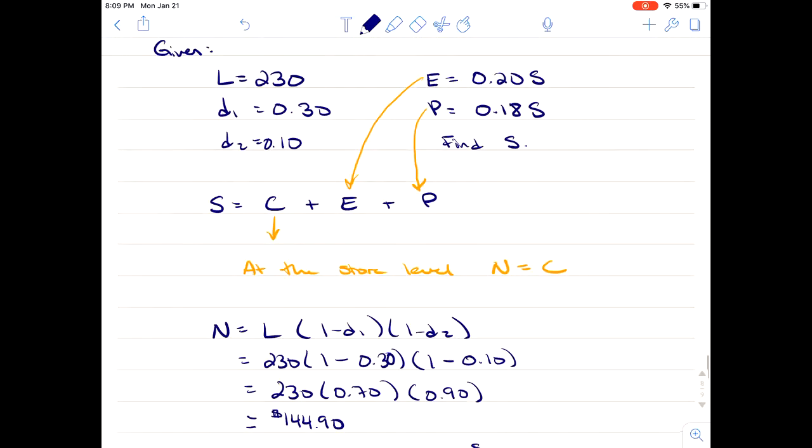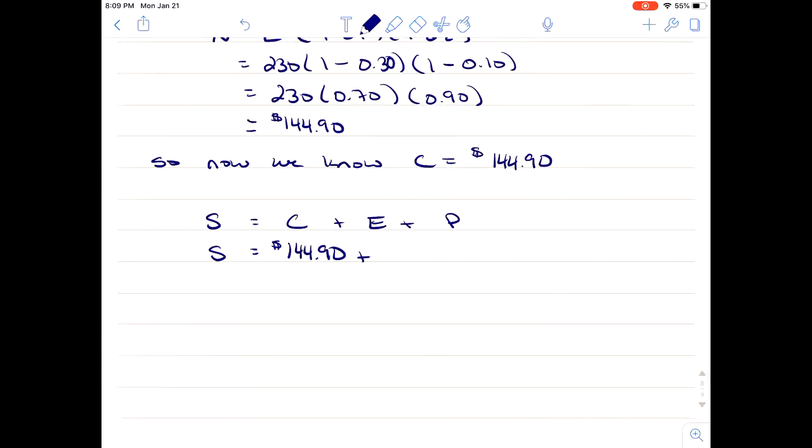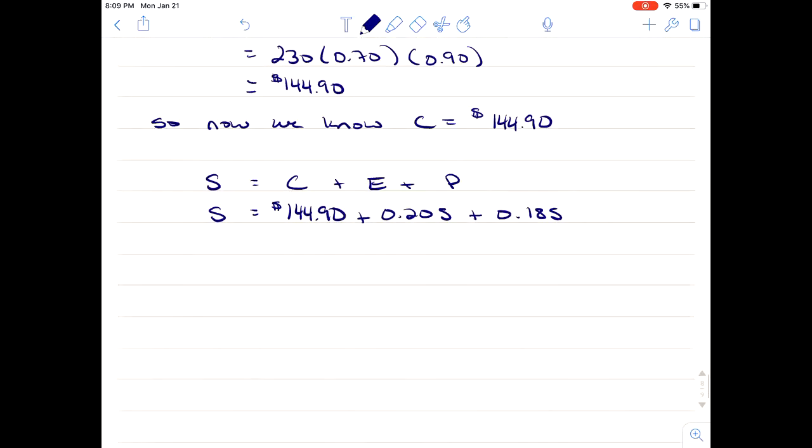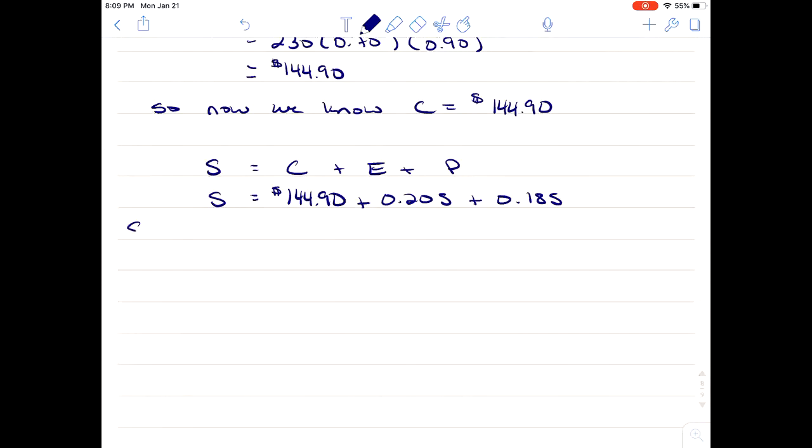And E is 0.2S, and P is 0.18S. So if we collect all these like terms, move the 0.2S over to the left-hand side and move the 0.18S over to the left-hand side, we get S minus 0.2S minus 0.18S is 144.90.